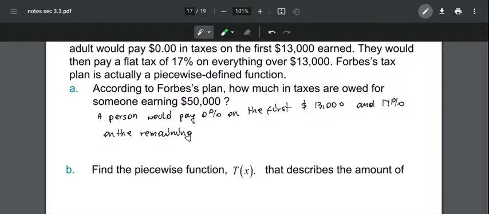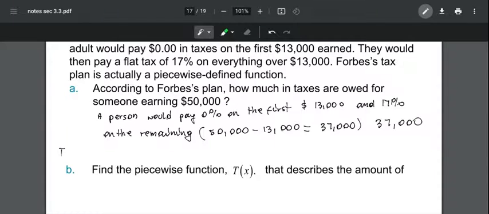On the remaining, which means that person made 50,000, we're not paying taxes for the first 13,000. So for the remaining 37,000, we'll pay 17% tax. Okay.